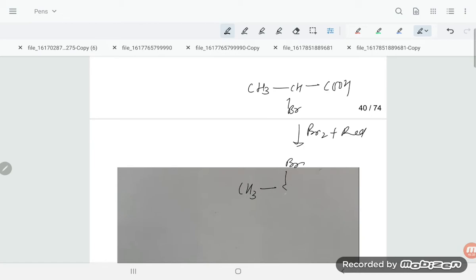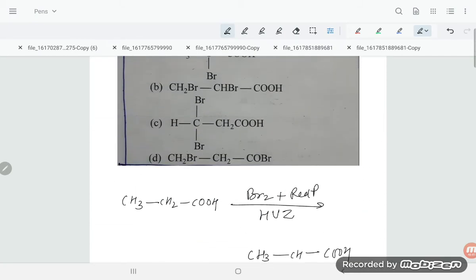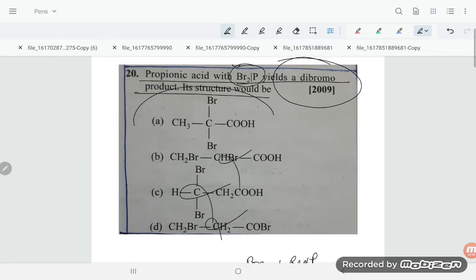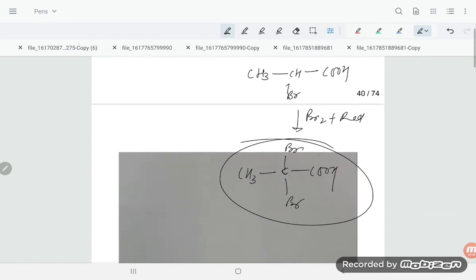Here will be Br, downside again Br, and here COOH. This is the HVZ reaction, students. So what is the product? This is wrong. This is wrong. Option A is correct, students.